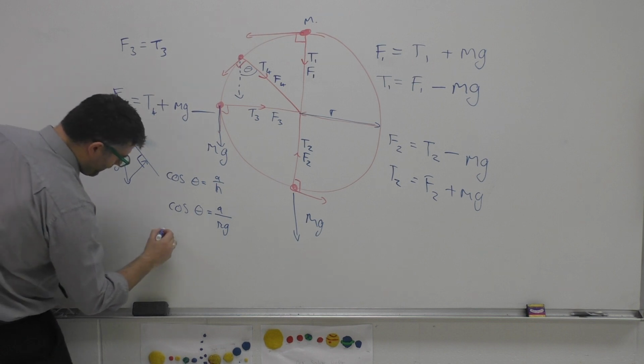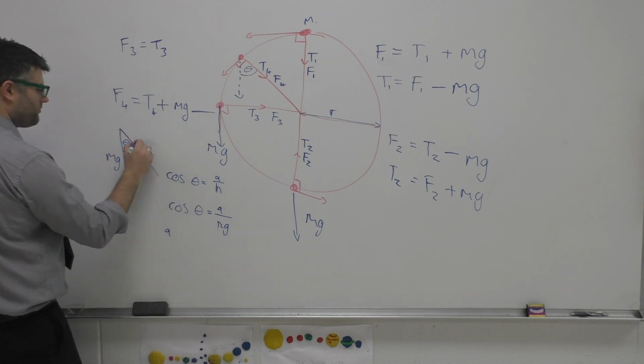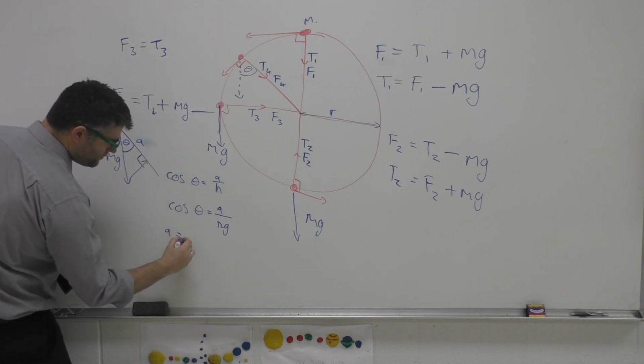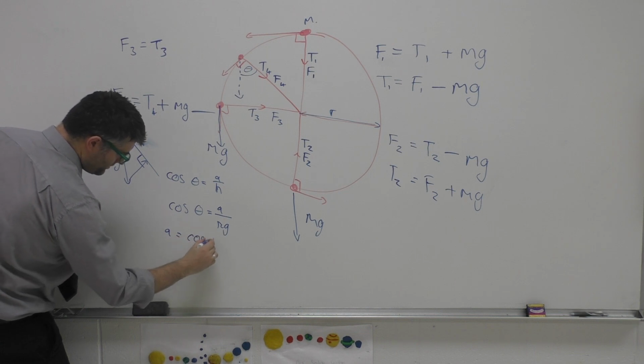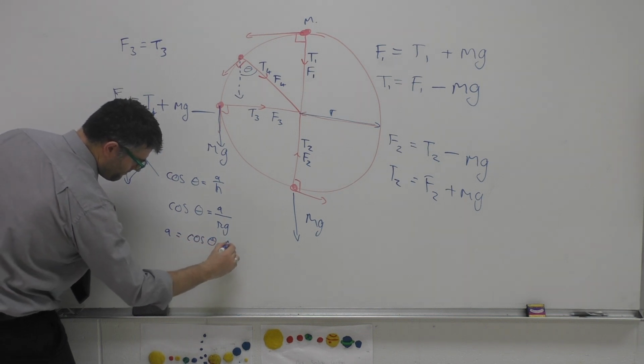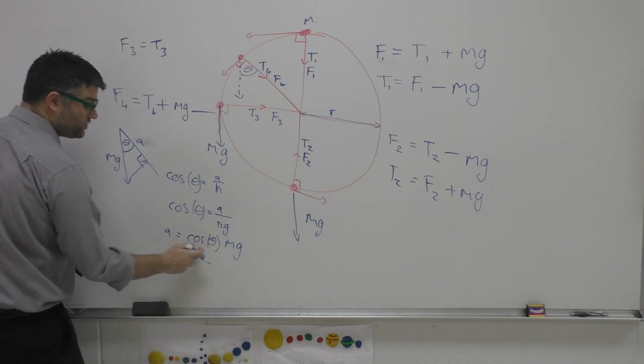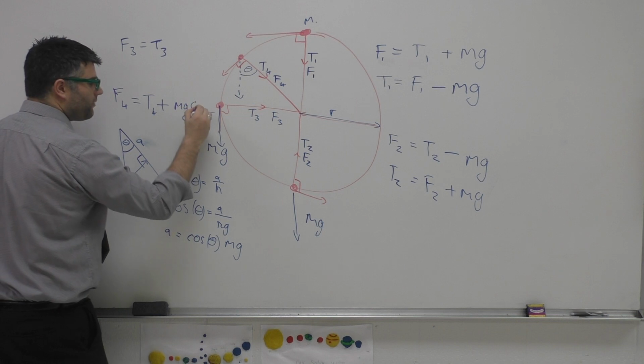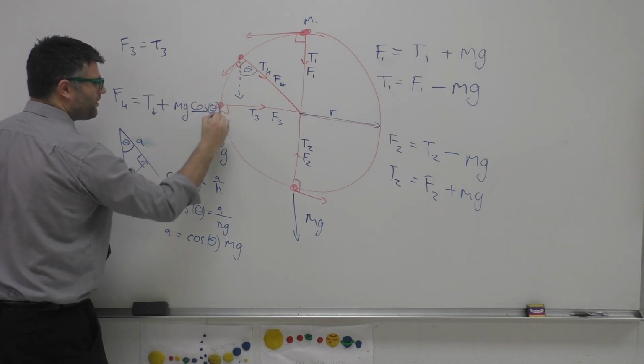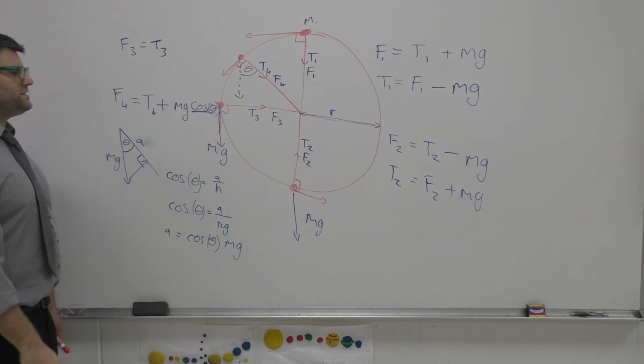And so therefore A is going to be equal to cos theta mg, or mg cos theta.